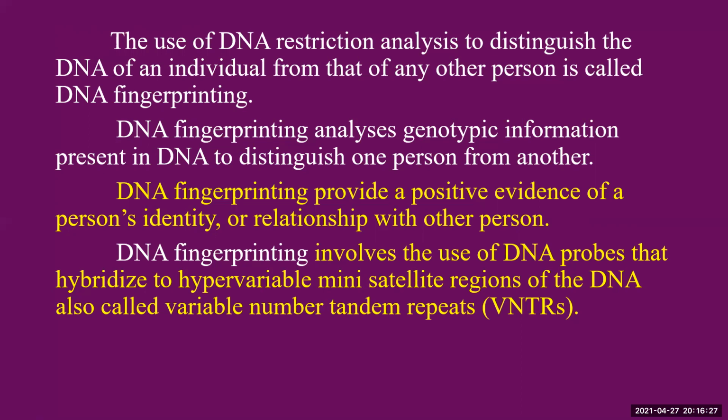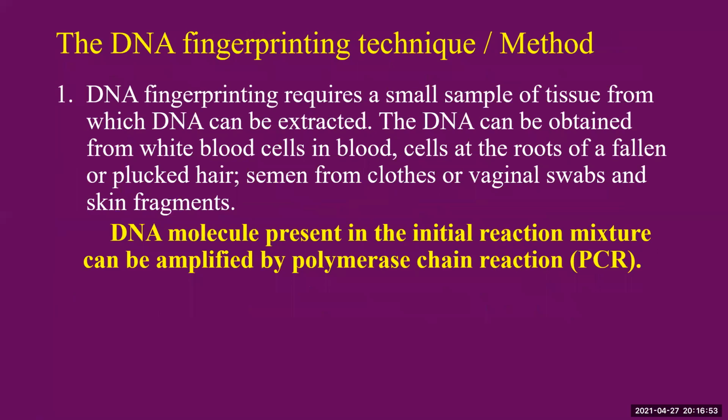Short oligonucleotide sequences, which are mostly radio labeled, having sequence complementary to the target DNA which you want to identify. These probes hybridize with the hypervariable mini satellite region, also called the VNTR region or variable number tandem repeats.